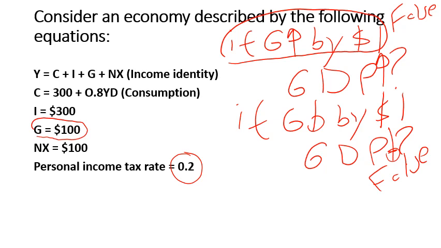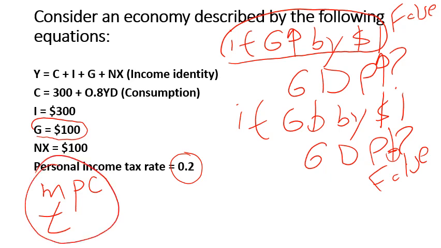these workers will engage in consumption based on their MPC, and part of this money will also be taxed away, right? So this is going to be the runoff, because not all of the money is going to be consumed.